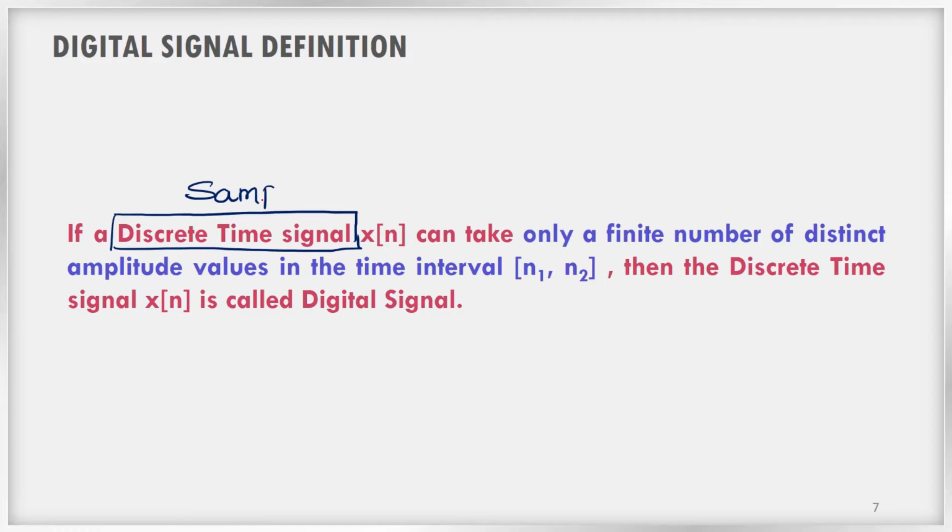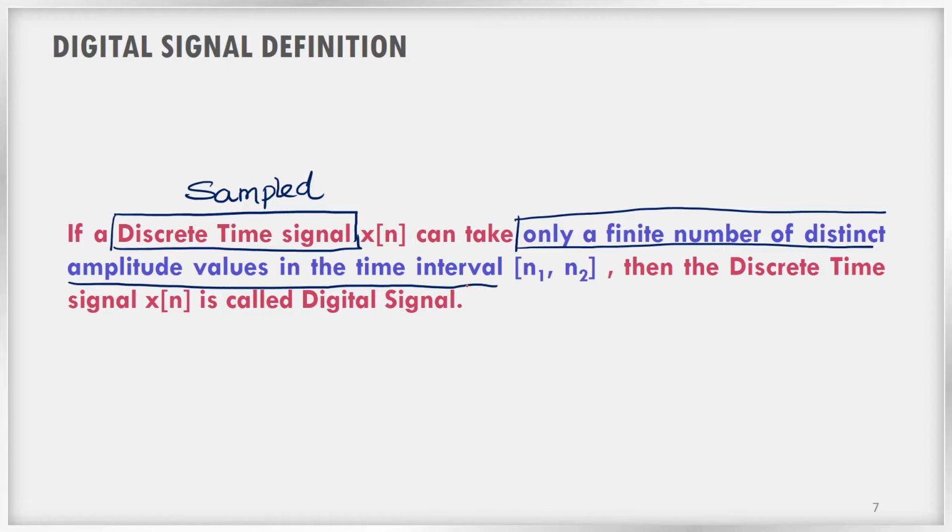If a discrete time signal x of n can take only a finite number of distinct amplitude values in the time interval n1 to n2, then the discrete time signal x of n is called a digital signal. So this is the formal definition of a digital signal.